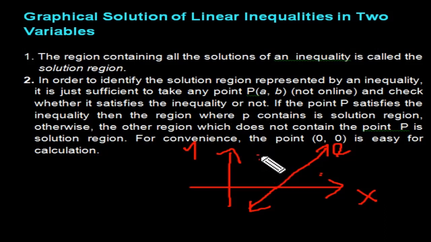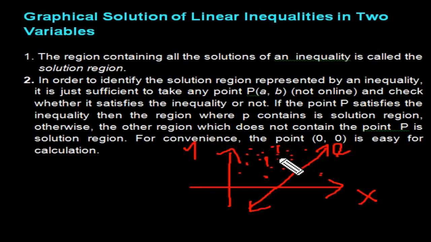You can take a point anywhere, either this point or this point. You will have infinite number of points. You can choose any point as you wish and substitute it into the inequality. If the inequality is satisfied, then we can say that the point P satisfies the inequality. Then the region that P lies in is called the solution.